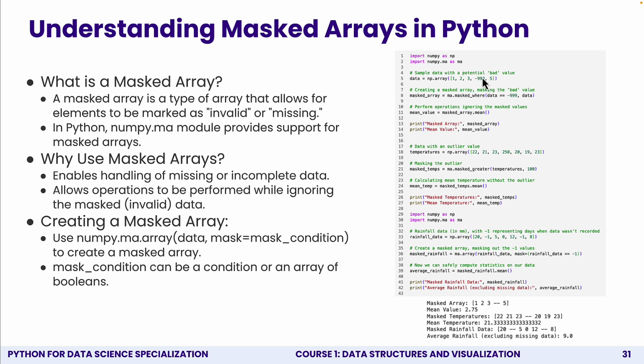We can think of this as an outlier. Imagine that you would like to calculate the average, and you have some outliers that you would like to remove. What does outlier mean? Values that are completely wrong and don't make sense. So we can create a masked array based on the data that you have. It will remove this value, so it will be masked, removed. And the average calculated here will only be for the valid values. So the average of 1, 2, 3, and 5 will be 2.75.